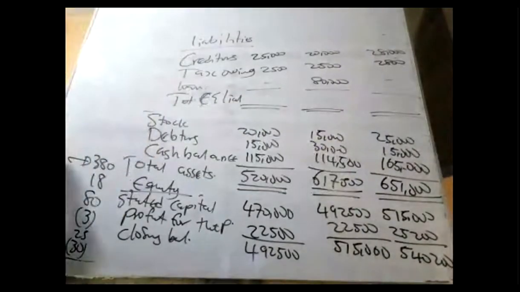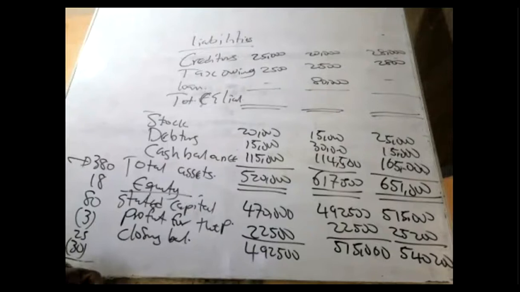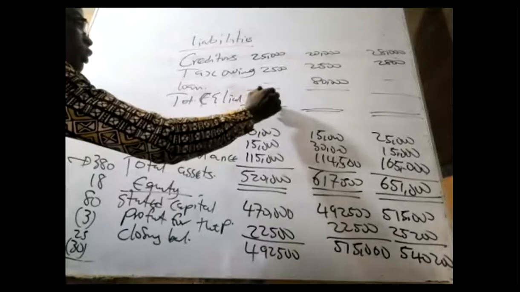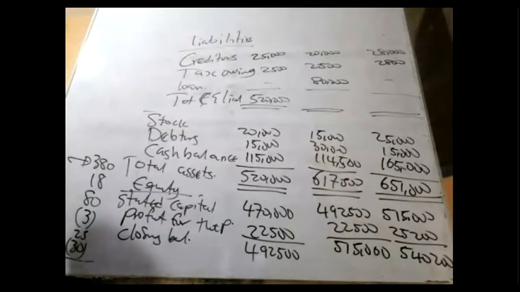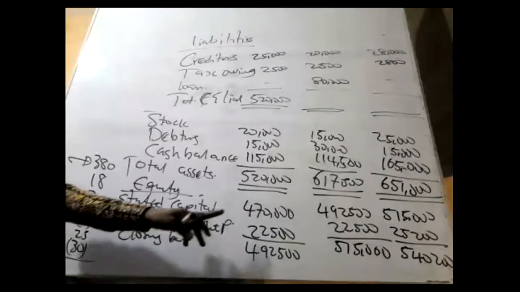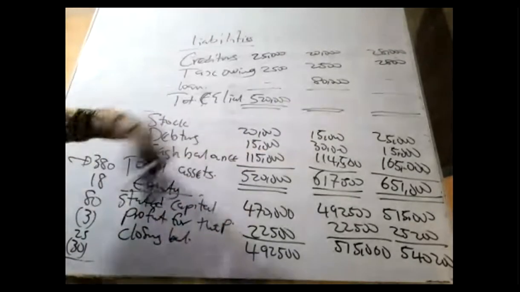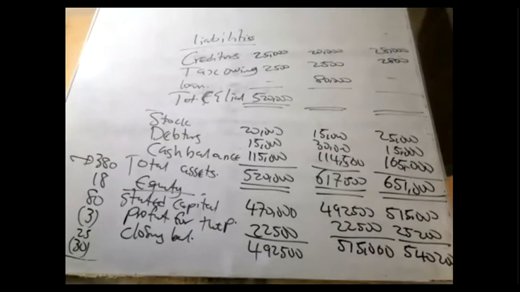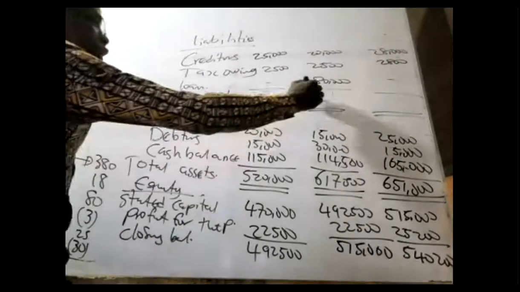Now that they put it all together, total equity and liability is 520,000, and then that of the next month will be okay. So total equity and liability, adding from this section, plus all this. Can you balance the remaining ones like this and then you move on? That is a master budget, a complete master budget. So you'll be 515.